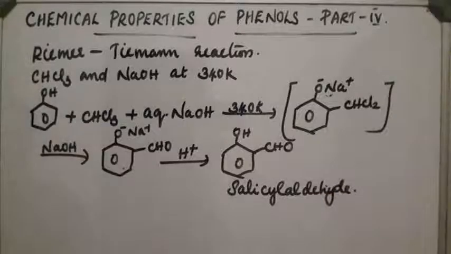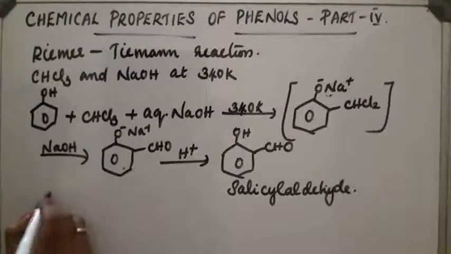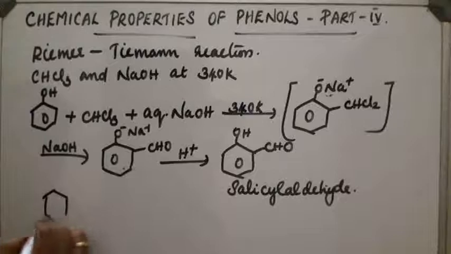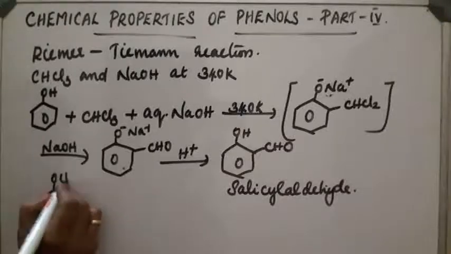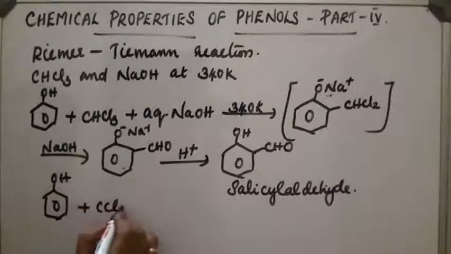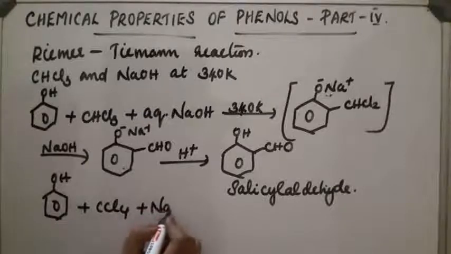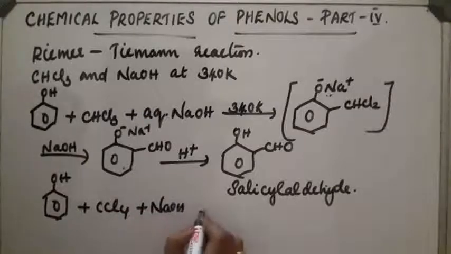Next, one more reaction in this. If phenol on reaction with CCl4, carbon tetrachloride, the product obtained will be salicylic acid. On reaction with CCl4 and NaOH, reaction takes place.